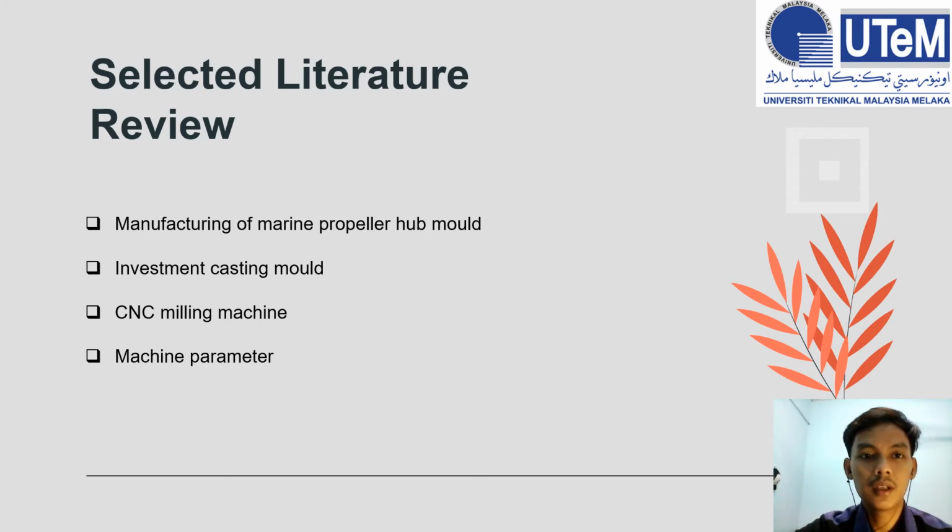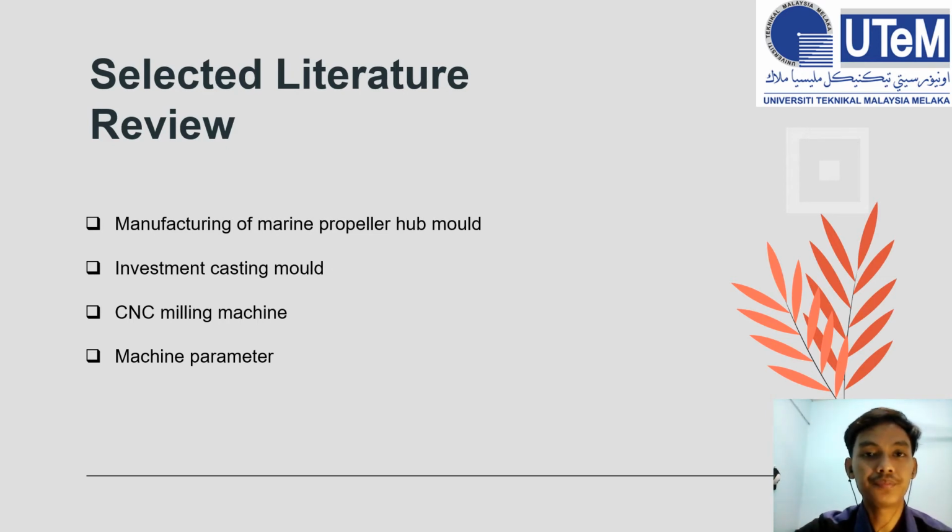Investment casting. The investment casting mold is the first step of the process, where the mold that is created is used to produce the pattern from wax. The CNC milling machine is the suitable machine to perform the mold production according to its capabilities.